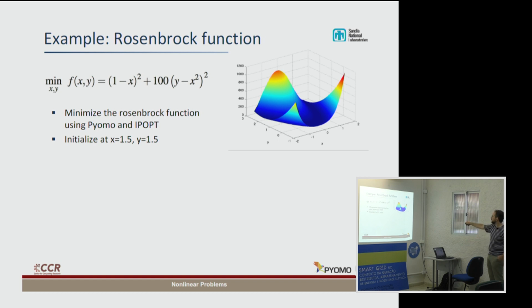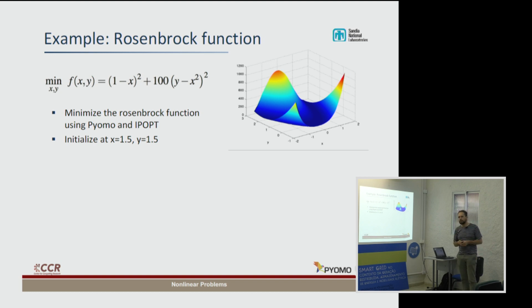This is not convex because here you have a concave part, and there are a lot of maxima as well. So it's not an easy function to solve. And in this example, we are using IPOPT to solve this because as it's nonlinear and non-convex, we know that IPOPT is the solver for us.